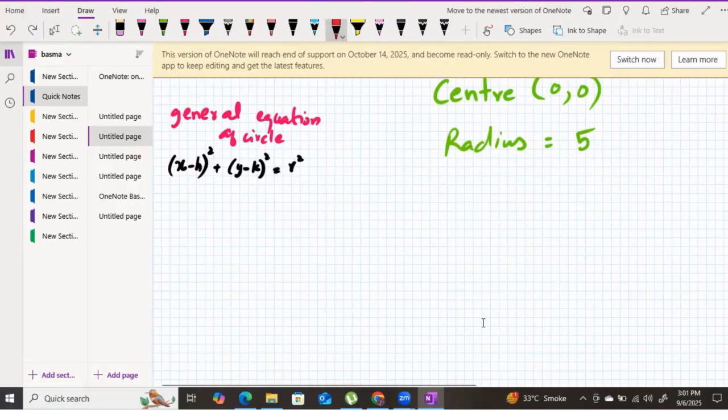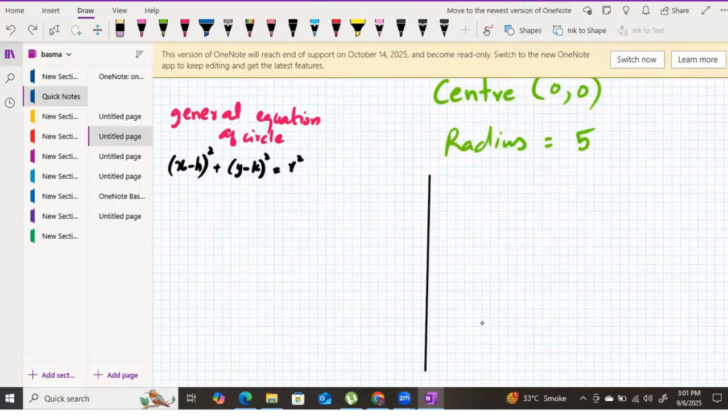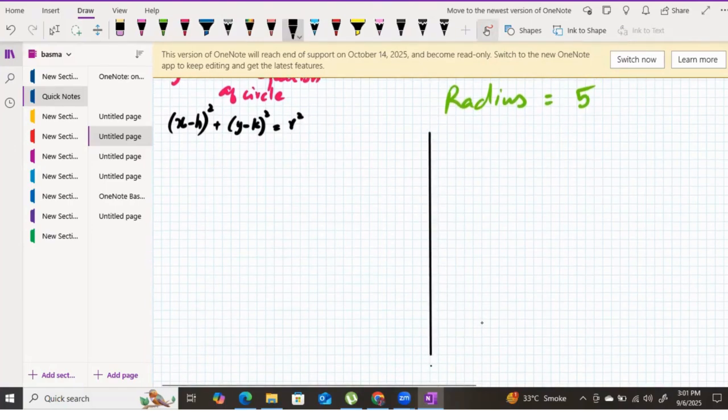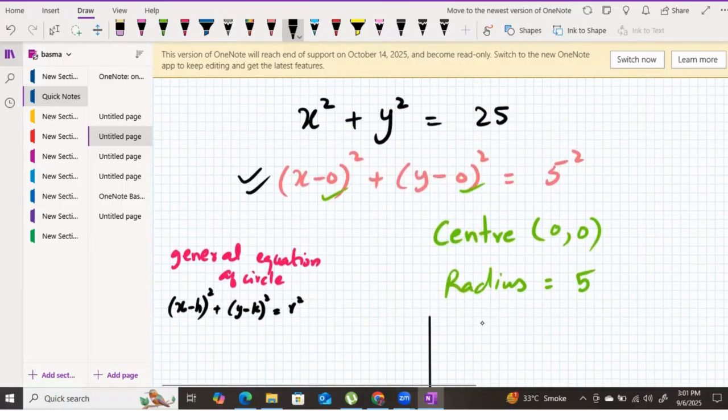Let's try plotting it here. So you have a coordinate system. I'm just gonna draw the lines like that. Okay, here you go. Now, what is the center of this equation? The center is 0, 0.